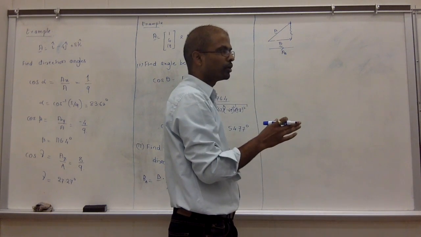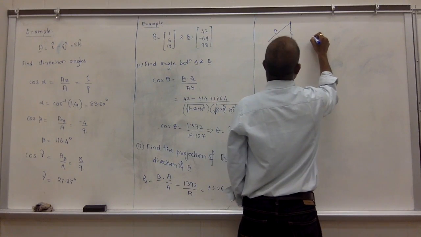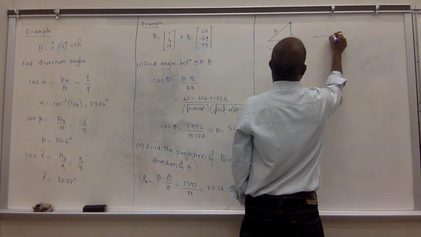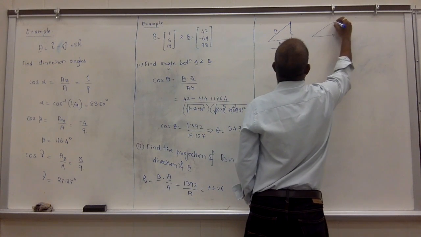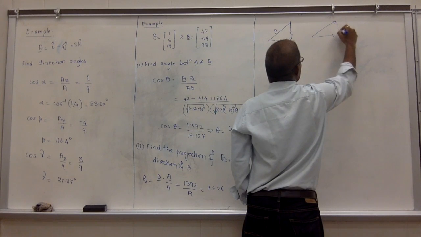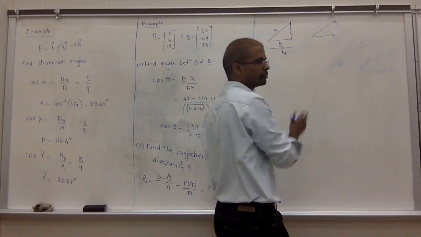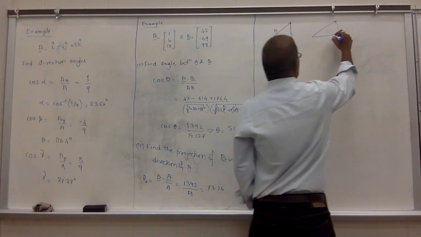If you want the component of B on A, so let's look at the same thing. You have B, right? And then you have A. You draw a perpendicular to this. So this has to be like this.